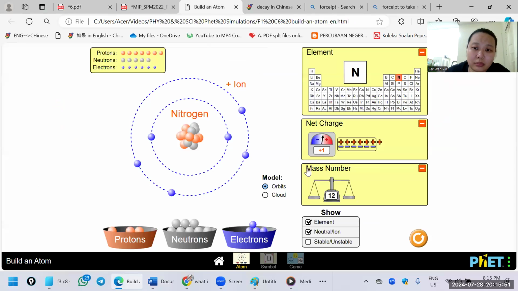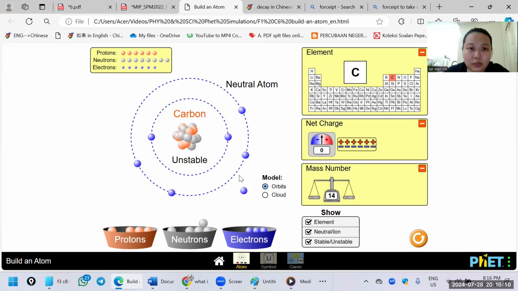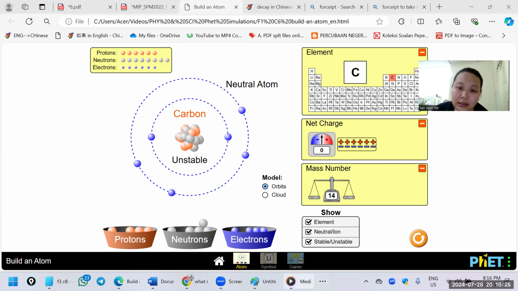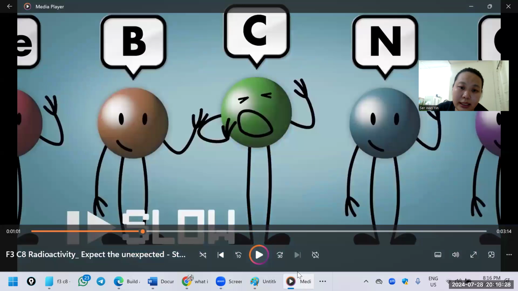So when it becomes less stable, for example, maybe I make it carbon-14. Now, as you all know, carbon-14 is not stable. If unstable, it's going to explode.